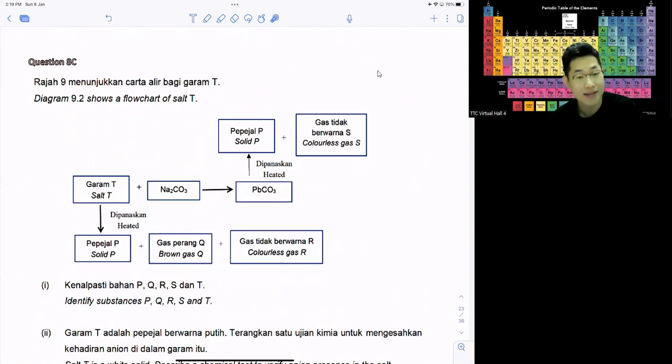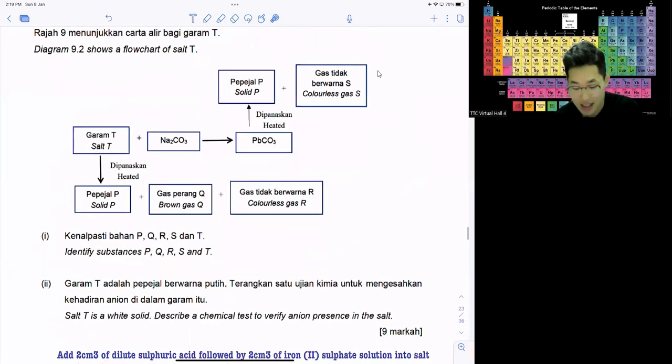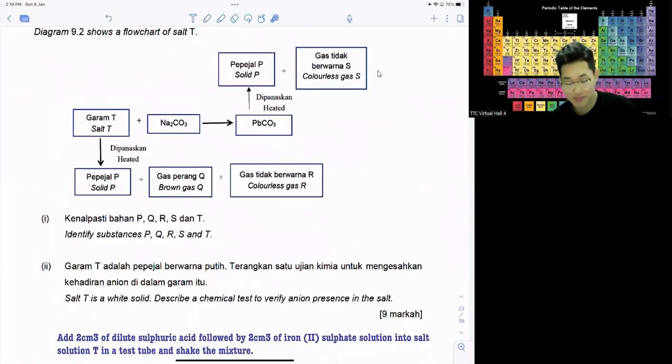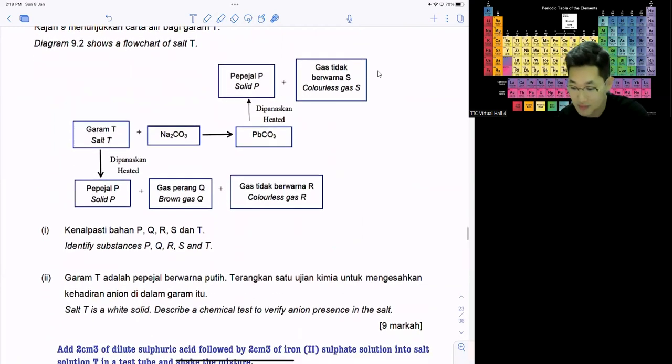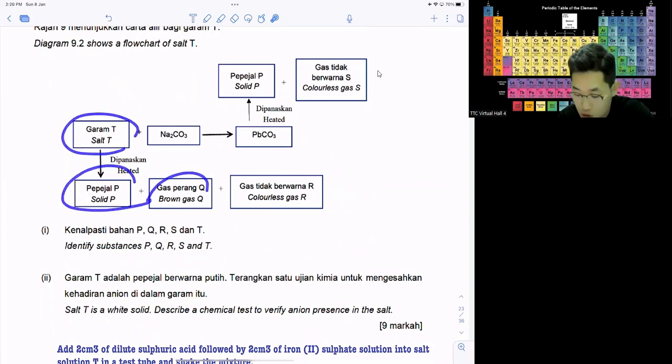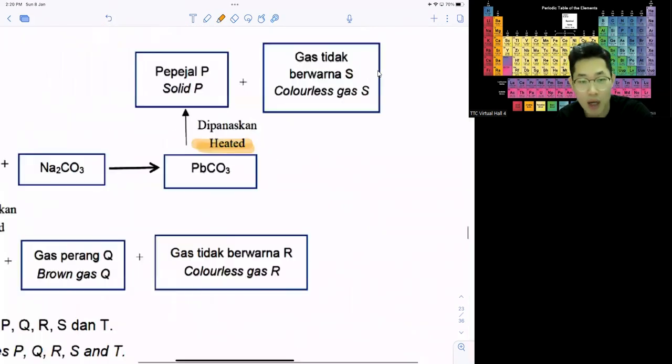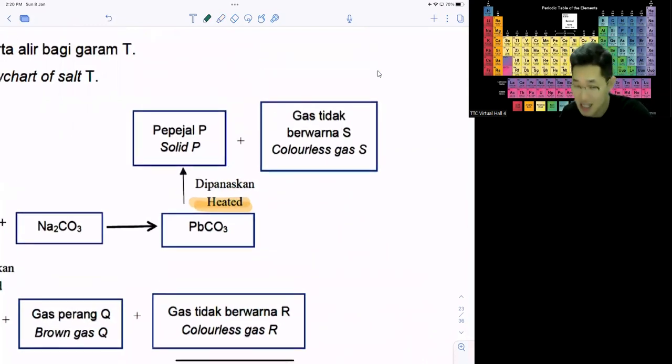Okay, C. Okay, first, we do know all these things. But we know PbCO3 whenever it is being heated, when a salt is being heated, it will decompose into a metal oxide and gas.